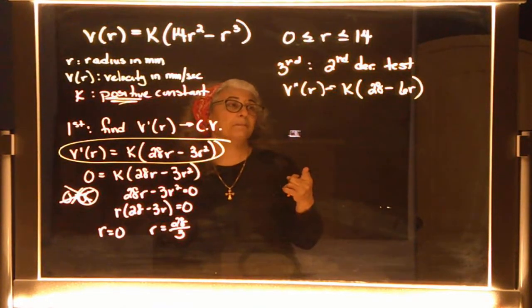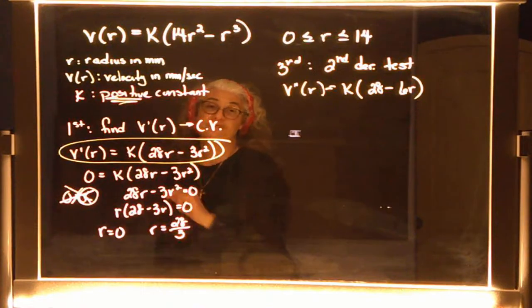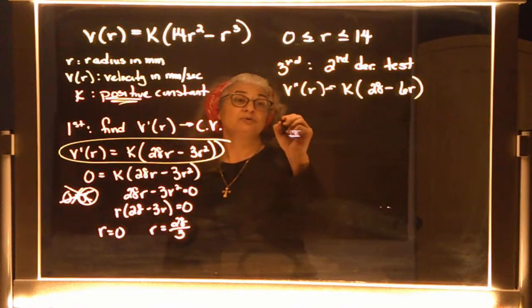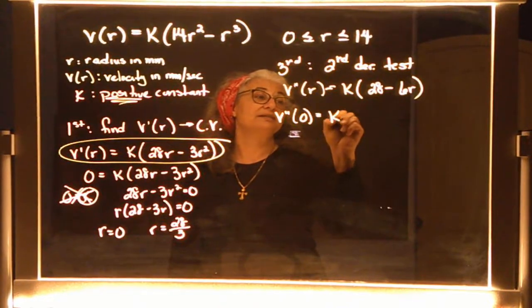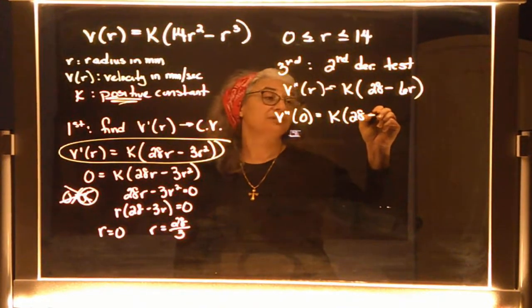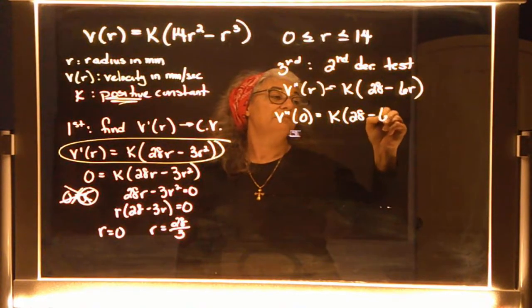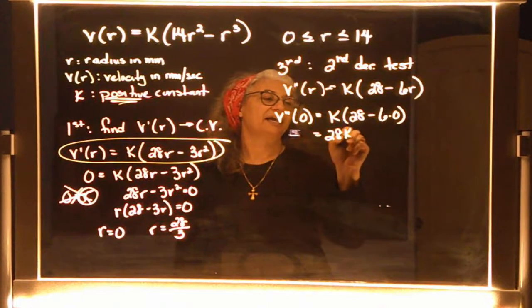Good with that? Okay. And now I have two values for r. I am going to plug them in so I can see what might be my relative min or max. So what do we get here? We just get 28k.